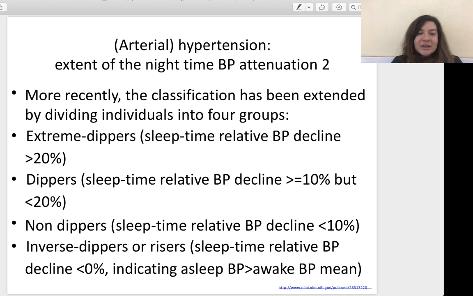Non-dippers, decline less than 10%. And inverse dippers or risers, when the decline is 0% or there is no decline at all, indicating sleep blood pressure higher than awake blood pressure mean.